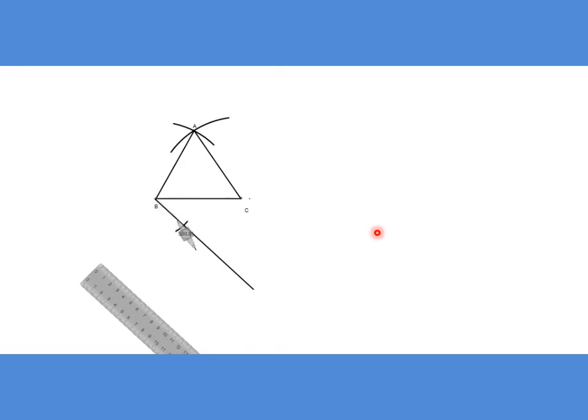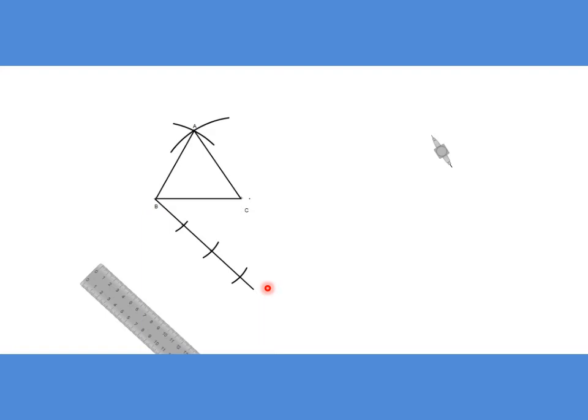Yes, this is the first point, and this one is the second one, and this is the third one. As I told previously, we have to mark only 3 points, because in the fraction 2 by 3, 3 is the maximum.